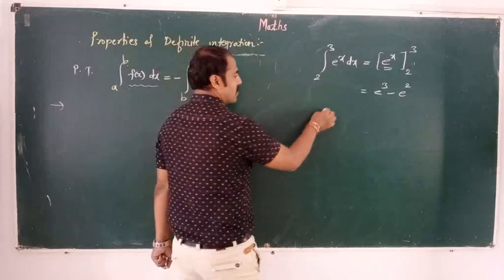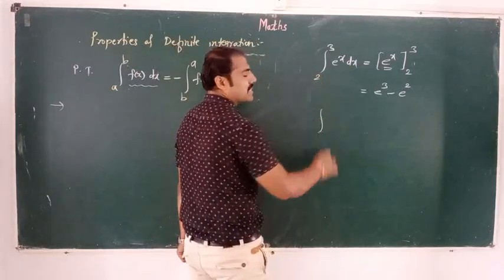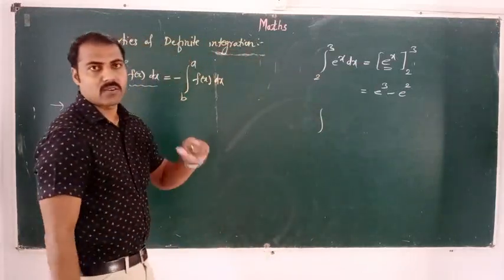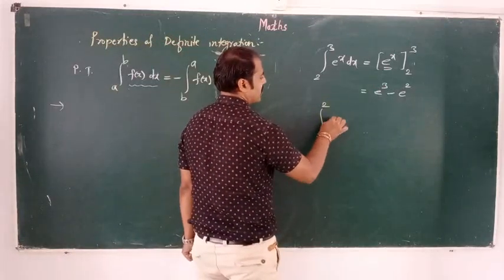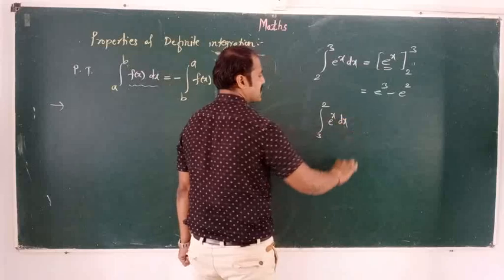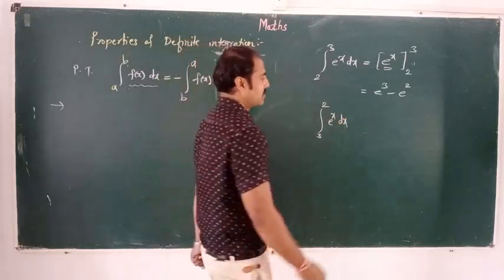Now I can change the lower limit and upper limit, that is integration from 3 to 2 e raised to x dx. What happened here?